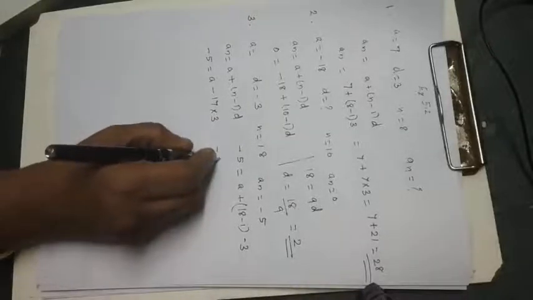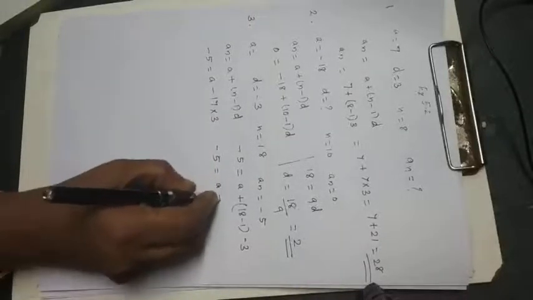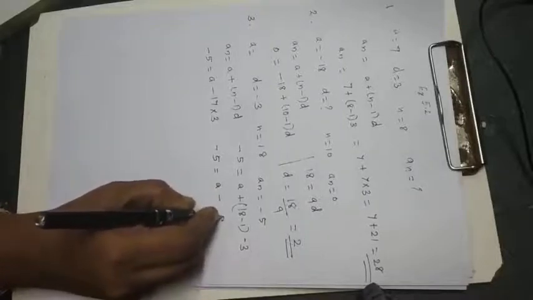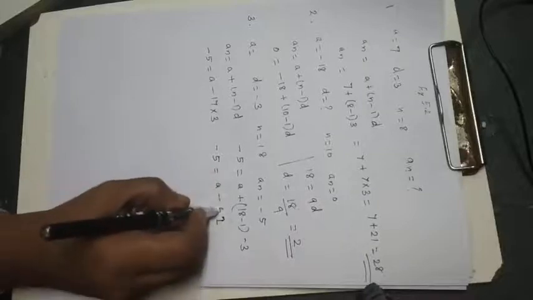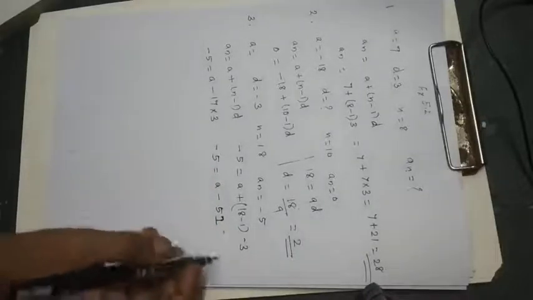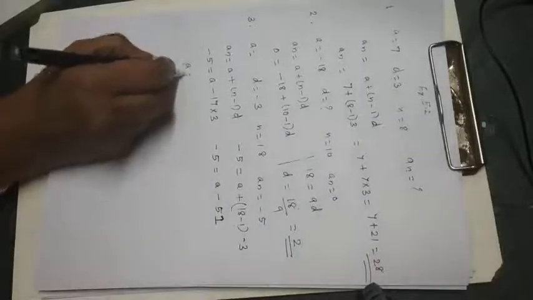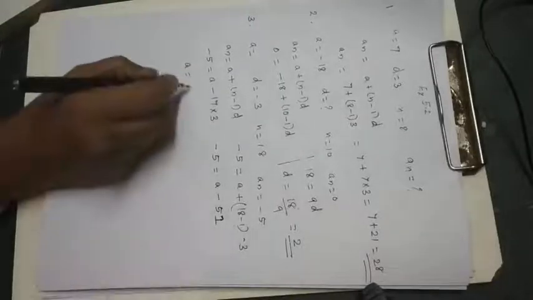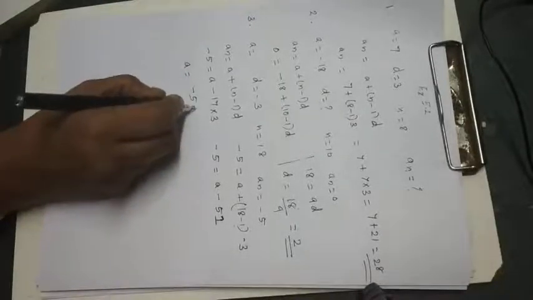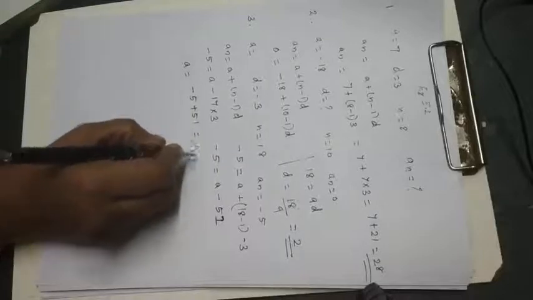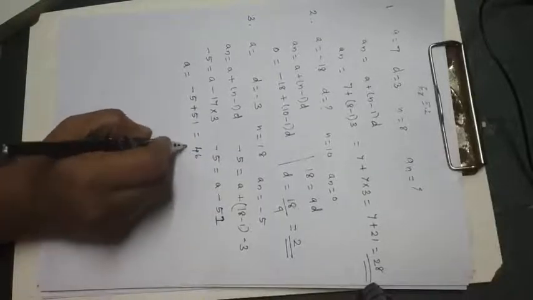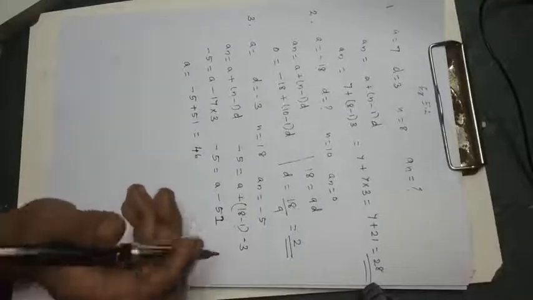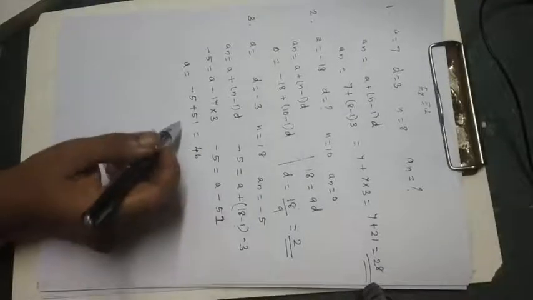So negative 5 is equal to A minus 51. Then A is equal to negative 5 plus 51, 46. So A value is 46.